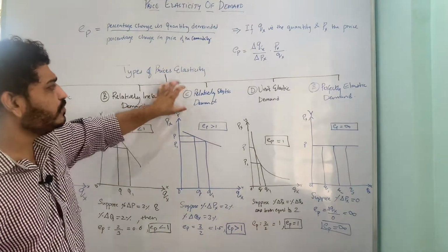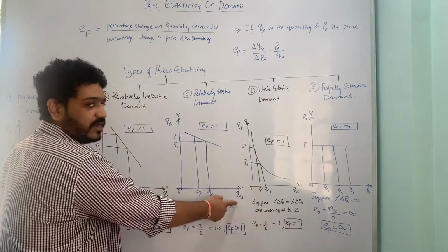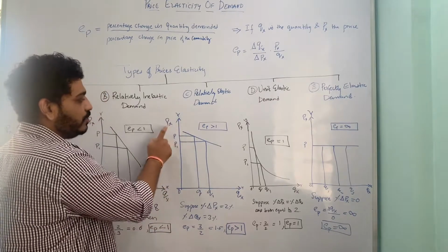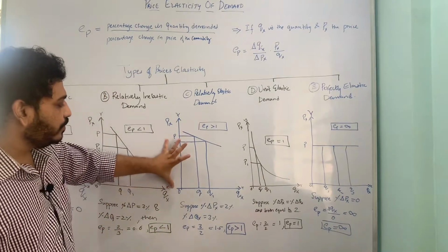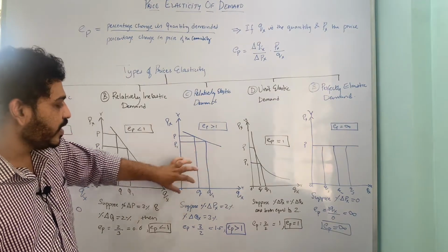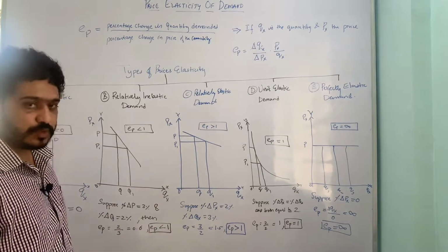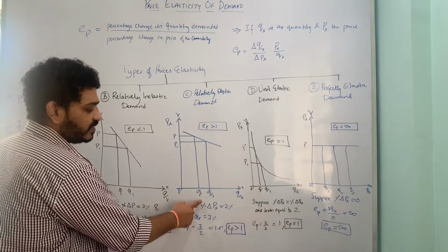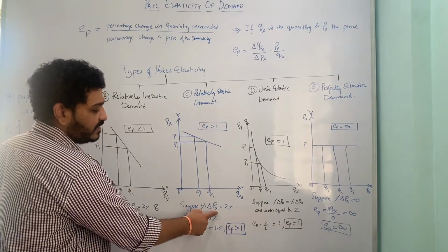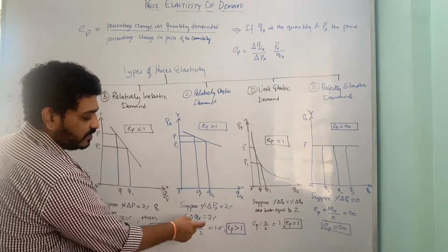Let us now move to relatively elastic demand. Again, OX is the quantity demanded of X, OY is the price. OP is the initial price and OQ is the initial quantity. OP1 is the changed price and OQ1 is the changed quantity. Now suppose that the percentage change in price is 2% and the percentage change in quantity is 3%.